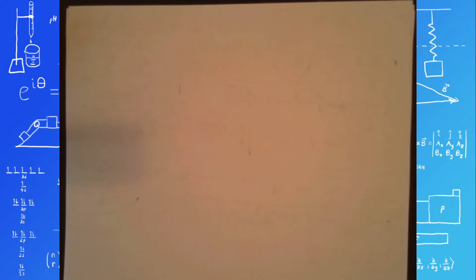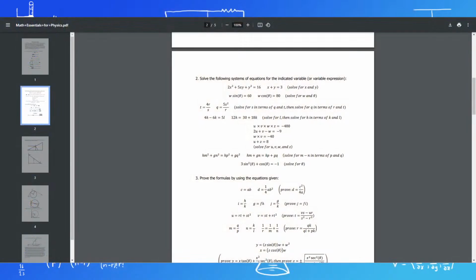Okay, let's have a look at the second set. I might as well put them up on screen for a minute. So the second set says solve the following systems of equations for the indicated variable or variable expression. And you see a bunch of systems of equations that are definitely not linear.